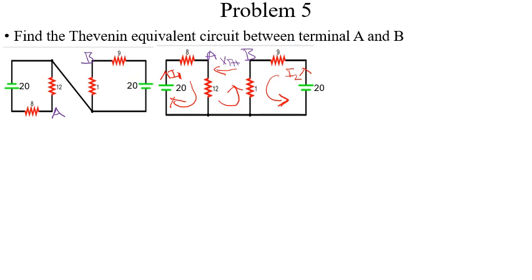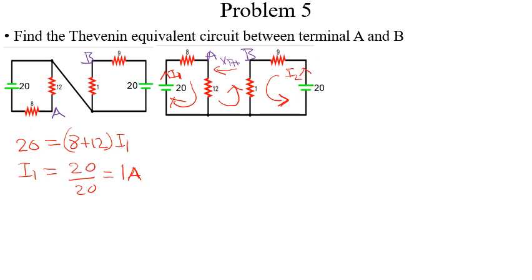For the first one, we have our voltage source 20 equals 8 plus 12 times I1. So I1 equals 20 divided by 20, which is equal to 1 amp. Applying KVL to the right-hand side, we are moving from negative to positive, which is a rise in voltage.